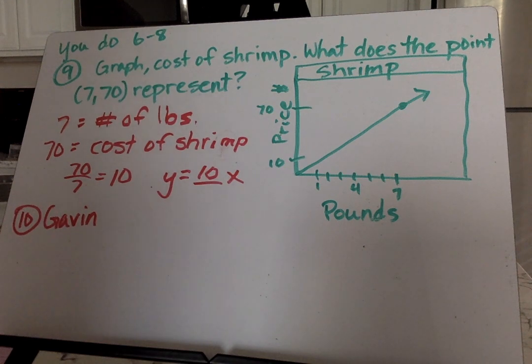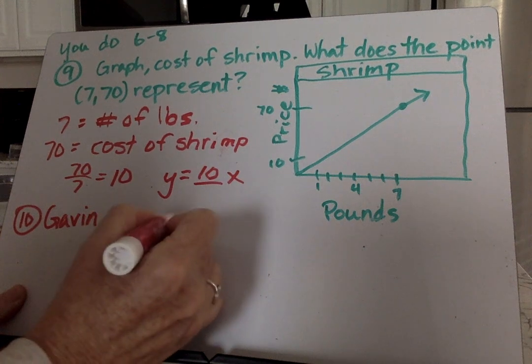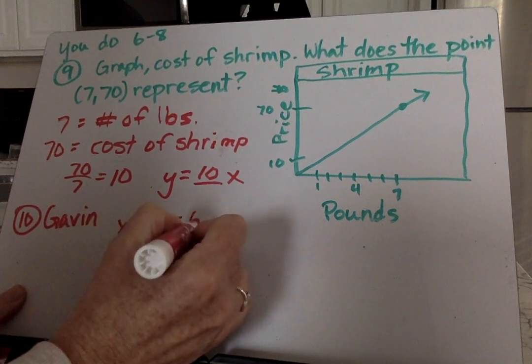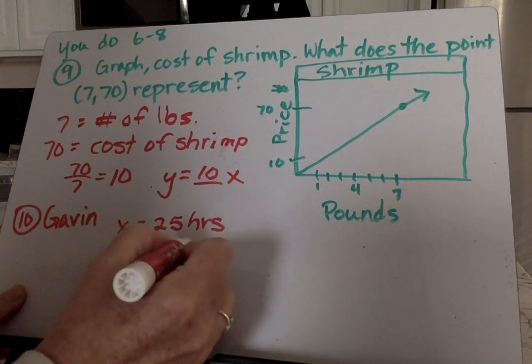Okay, we can handle the words. So I'm going to read it again. You need to read each story problem at least 3 times. Gavin worked 25 hours and was paid $300. So think of it as your X value equals 25 hours, and he was paid how much? That's your Y value, $300.